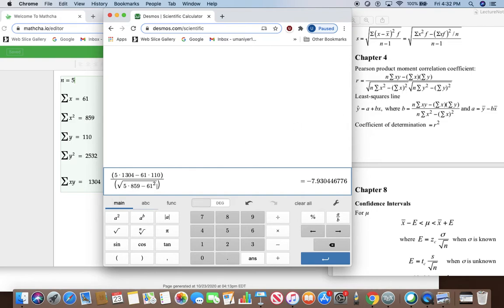Now I have to get out of the square root. Make sure you're out of the square root, times the second square root.